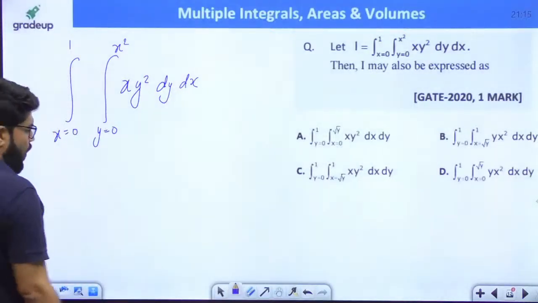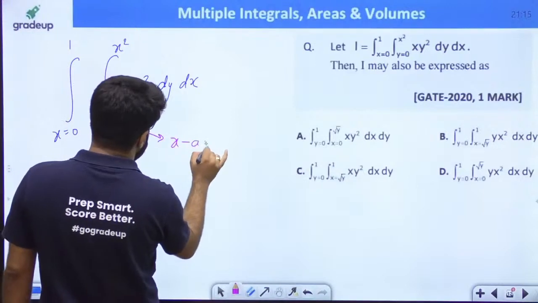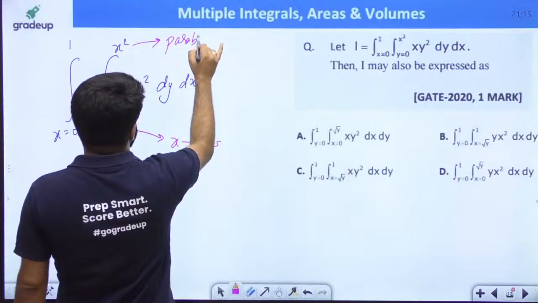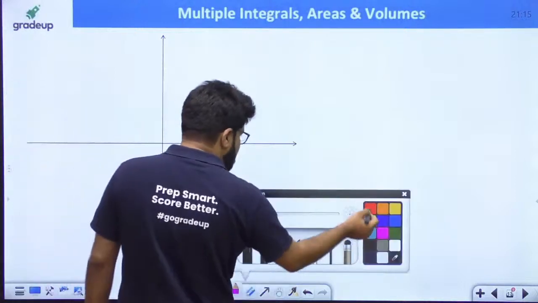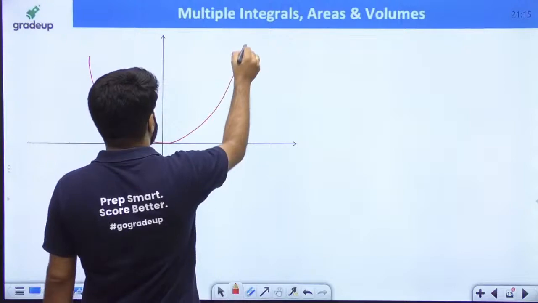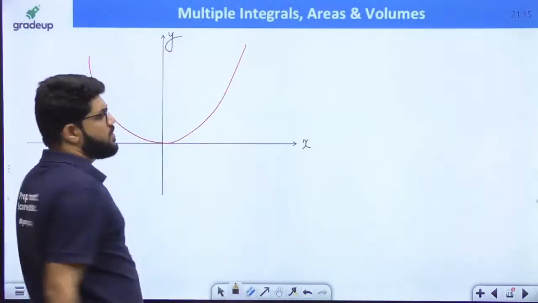Now y equal to 0 means the x axis, and y equal to x square is a parabola. So let me start sketching. There has to be the parabola y equal to x square, and this parabola opens upwards. X axis, y axis.